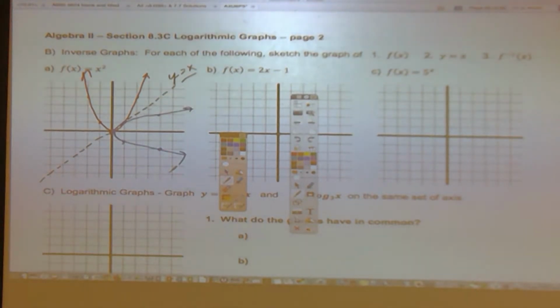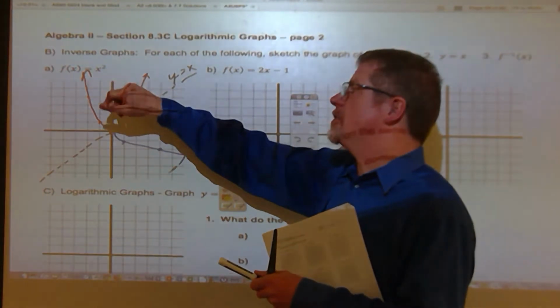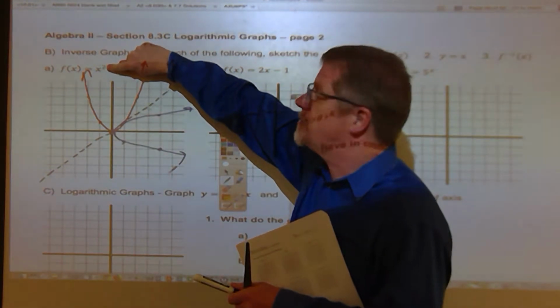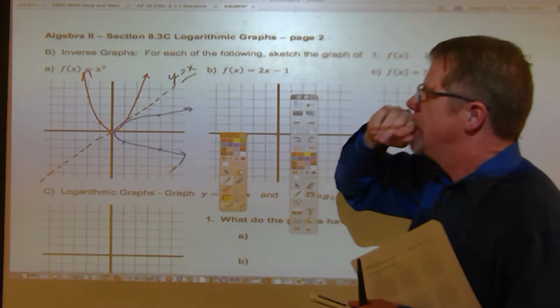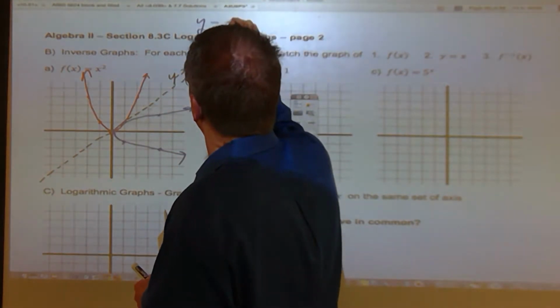So if you see an exponent that is a variable, there'll be an asymptote involved. But look at this exponent. This exponent is not a variable, it's just a constant. So x squared is one of our parent graphs.